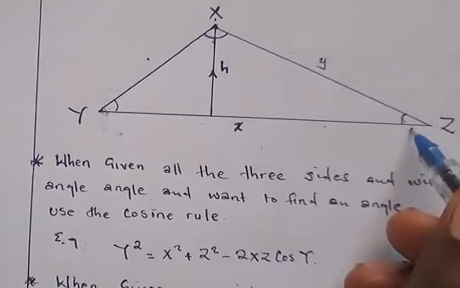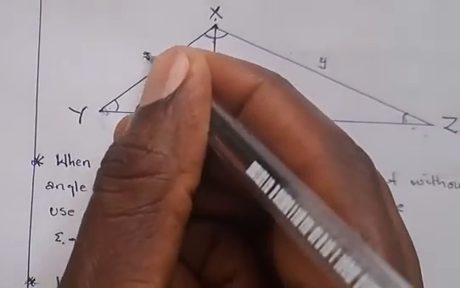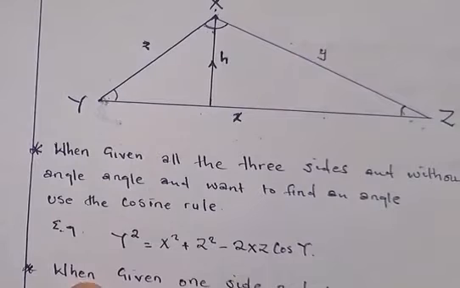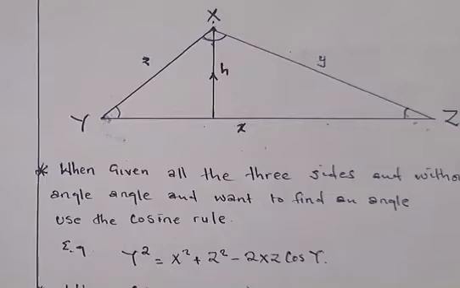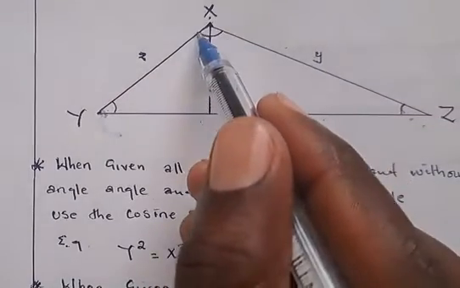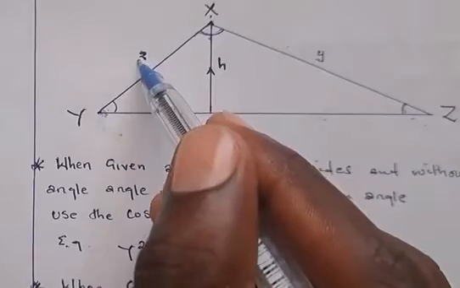And then we look at z here, the opposite side, and label it with a small letter z there. Now, what did I mean by saying you come up with a formula depending on what you want to calculate? Let's say I want to find the angle here, and I'm given this side, and also this side.